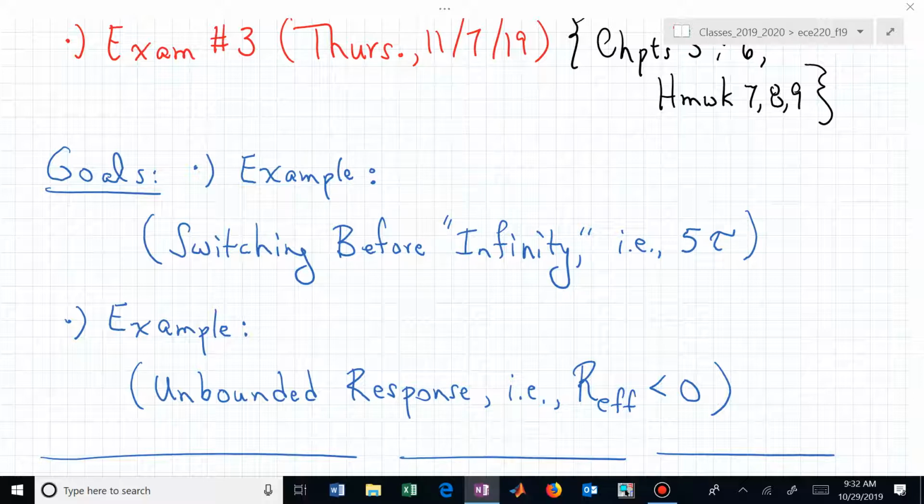What happens when we switch before we get to our final value, which we're assuming approximately is 5 tau, which gets us within 1% of where we're going or where we started from? And we'll do an example with an unbounded response where we actually have an effective resistance that's negative.